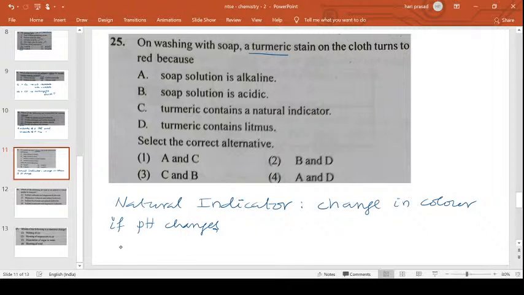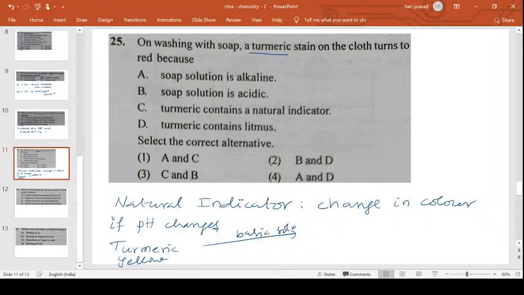Turmeric is yellow color. In basic solution, turmeric becomes red color.